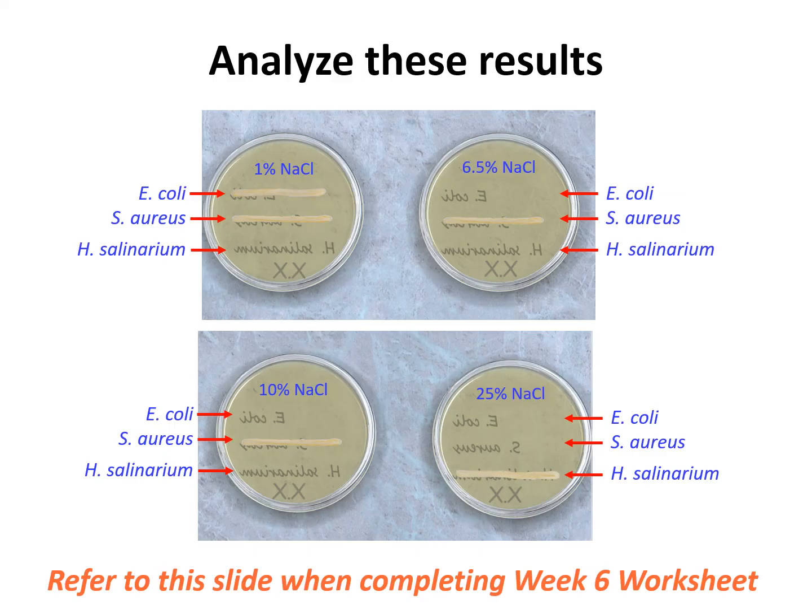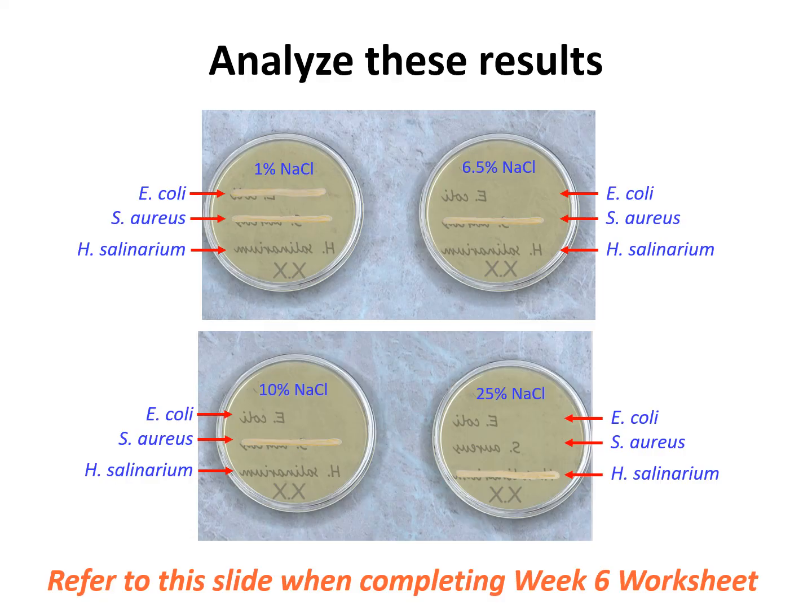And right here, you're given 4 plates. Let's say this one has 1% salt, 6.5, 10, and 25, right? We added a lot of salt, as you can see, just to check the bacteria. Each plate has been inoculated with those 3 types of bacteria.